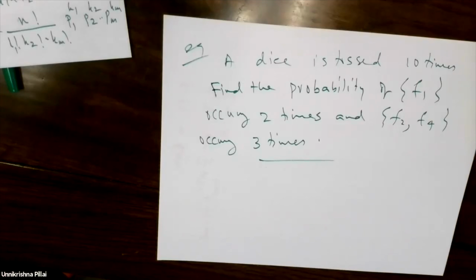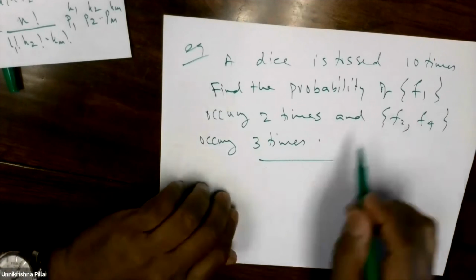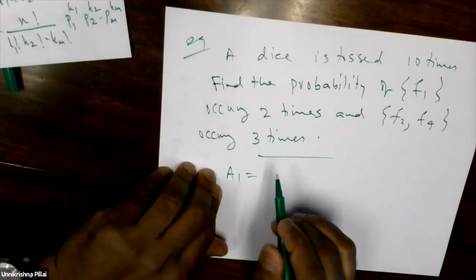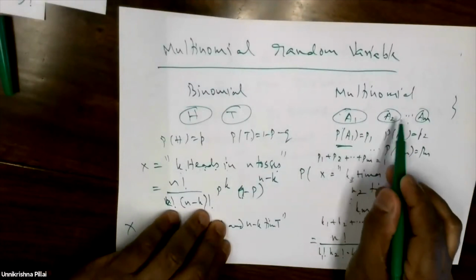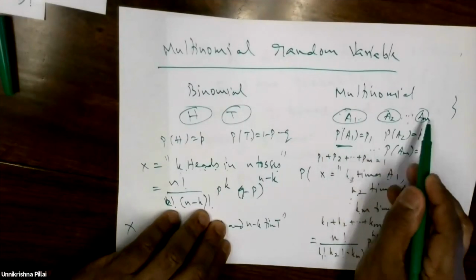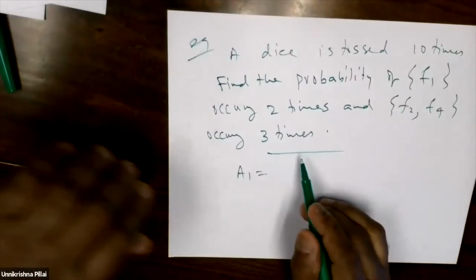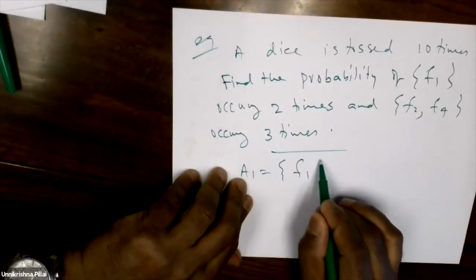Look at what we are interested in. When you perform an experiment, you have multiple outcomes, A1, A2, Am. Here, let's go by our interest.